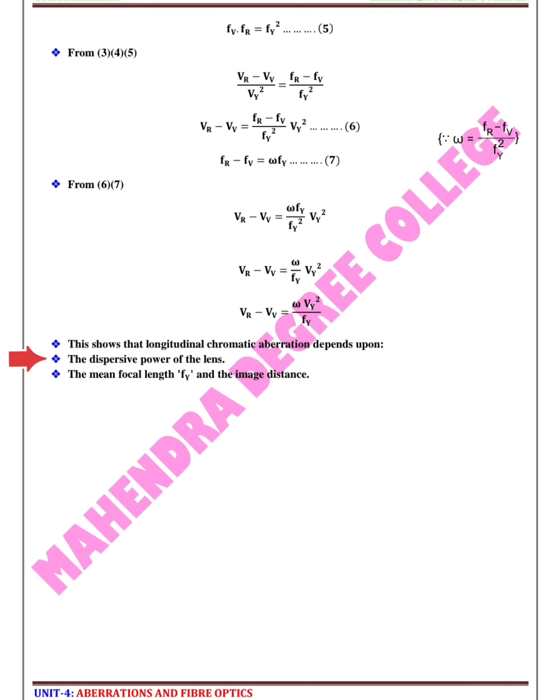The conclusion: this equation shows that longitudinal chromatic aberration Vr minus Vv depends upon the dispersive power of the lens omega, the mean focal length of the lens Fy, and the square of the image distance for mean light Vy square.